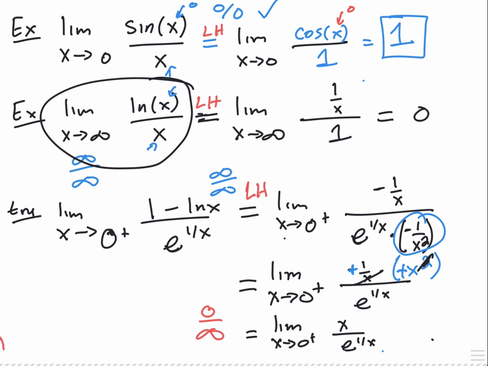No, I mean, just think about it. So let's say, for example, you have something that's going towards 0 on top and infinity on the bottom, right? Let's say I had the number 5, and then the bottom is going towards infinity. Well, that's obvious, right? So notice that you don't even think twice.